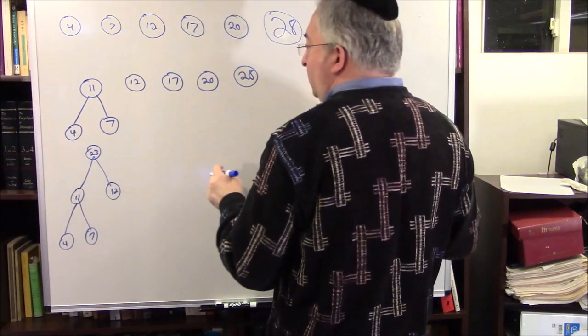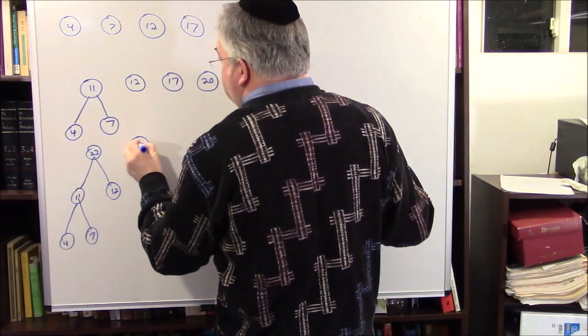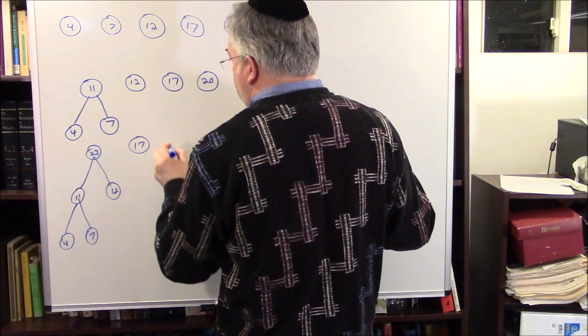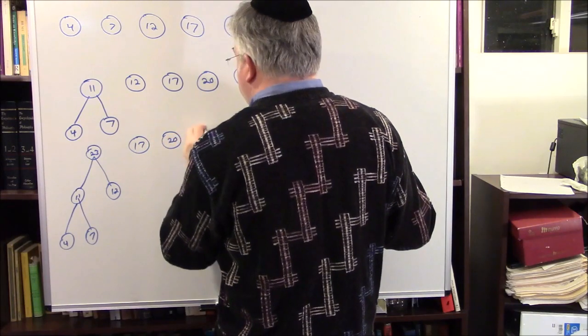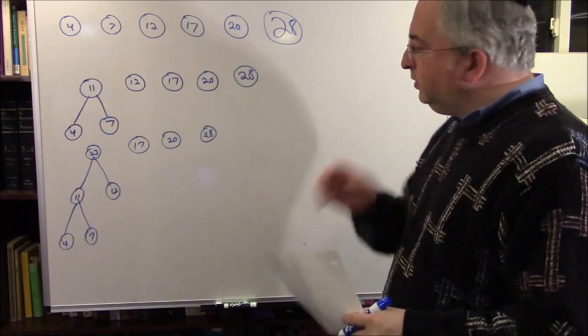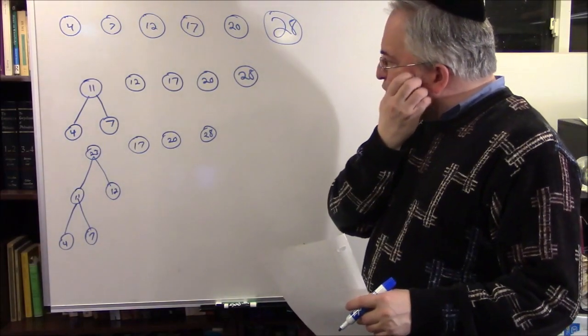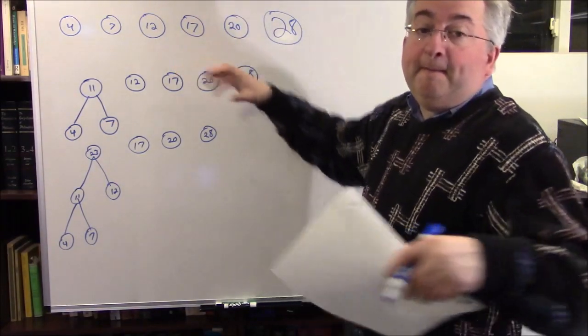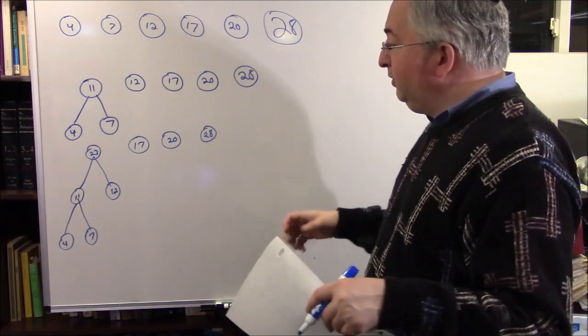Now 17, 20, and 28. Okay, great, so that's your new tree. We're basically combining things on your tree.